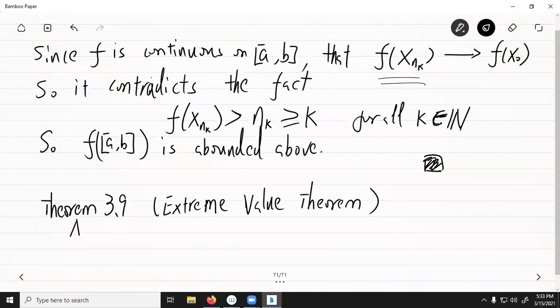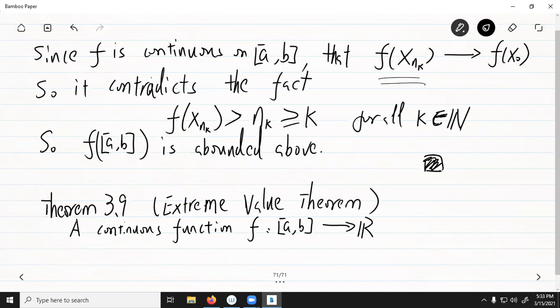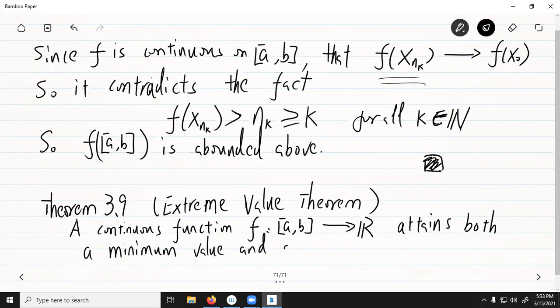We say a continuous function f, which is from a closed interval AB to R, must attain both a minimum value and a maximum value.